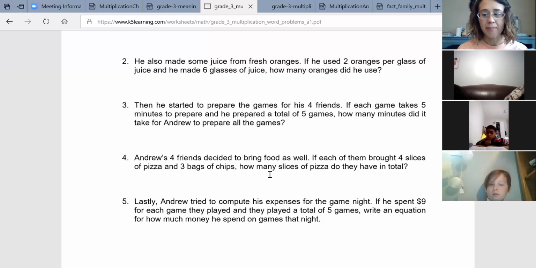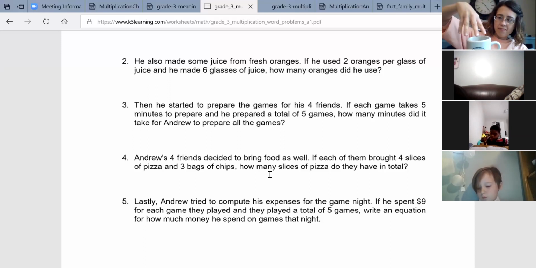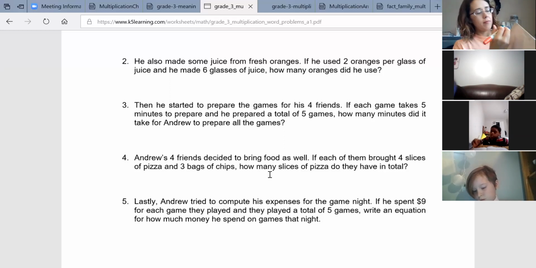That's about multiplying. Jameer, are you ready to show us what you did for your 6 glasses and 2 oranges in each? So, were you supposed to draw 2 circles or?